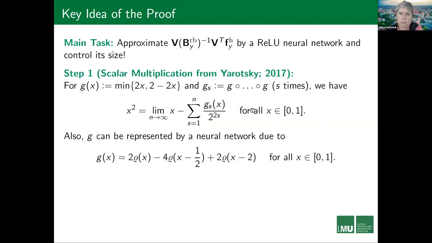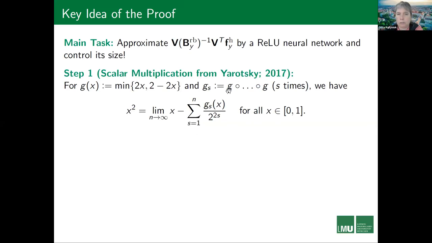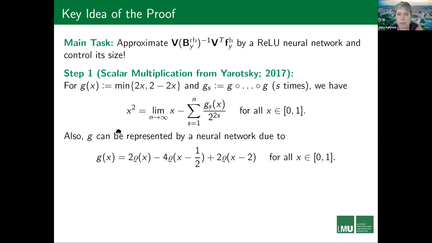Here you have these functions g, which you combine, and then you can express x squared as this sum. And this g, I should say, these are these hat functions. I can write the g in this way, so I can express the square function.